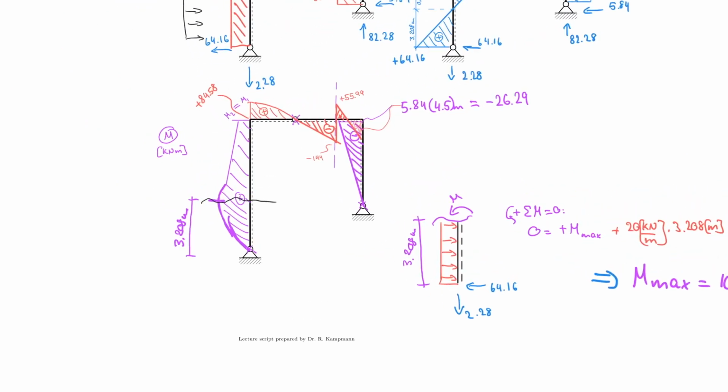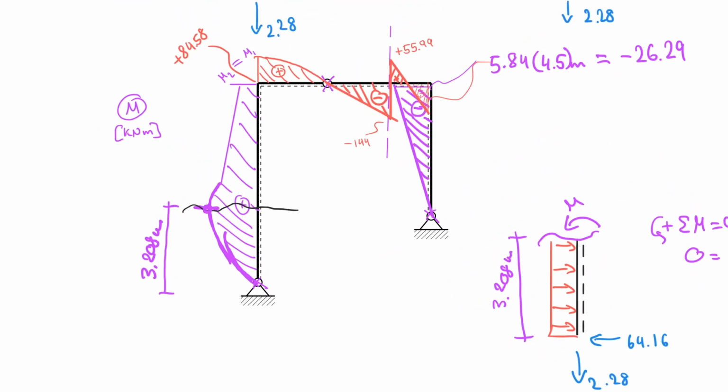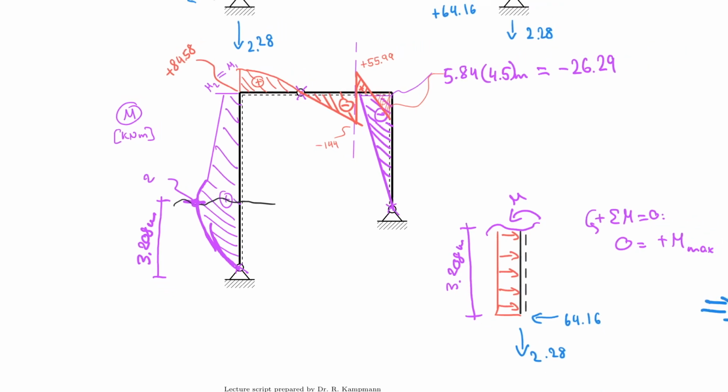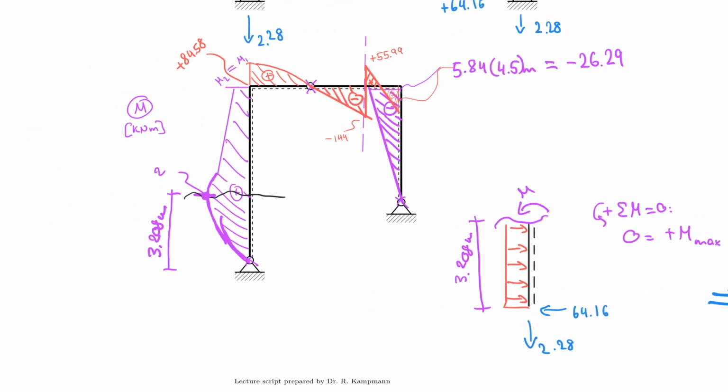So what we now know is that this value here is 102 kilonewton meter. And that is an important value because that's the maximum value.